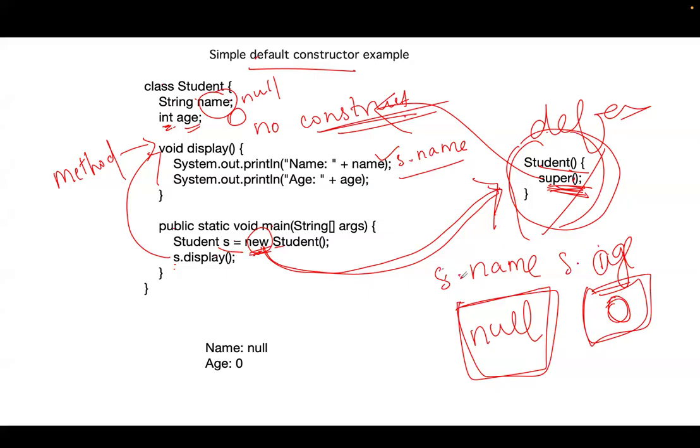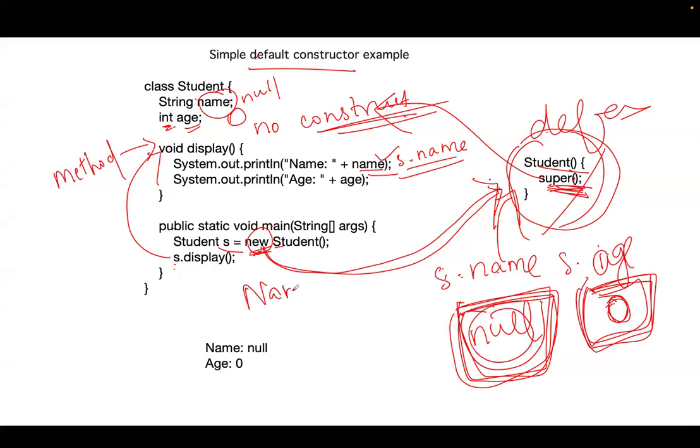So in s.name we had null, and in s.age we had 0. By calling the default constructor, these default values are assigned, right? Now when you call this method display, and it says name, which is nothing but s.name, what is inside s.name? Null. So null will be displayed: name is null and age is 0.